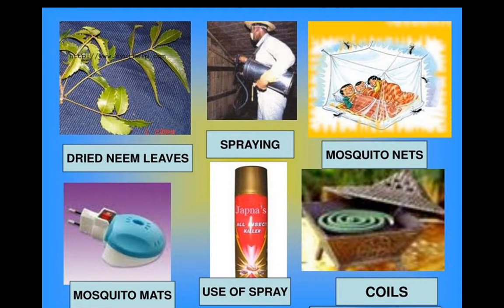So it is important that we prevent their breeding by keeping our surroundings clean and dry. If your surrounding is dirty, definitely there is a growth of mosquitoes. So we should clean our surroundings and keep them dry. Then whatever garbage is there, discard that properly.